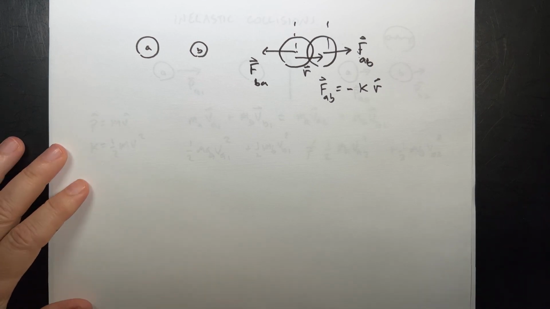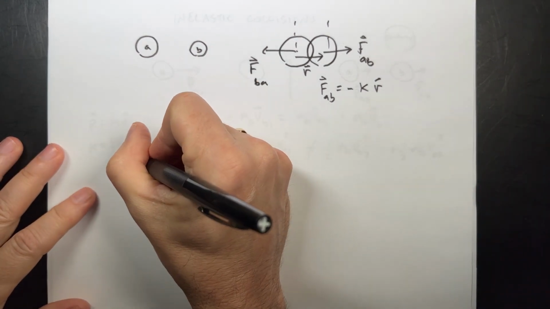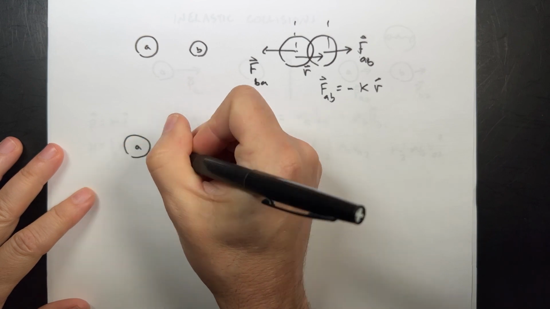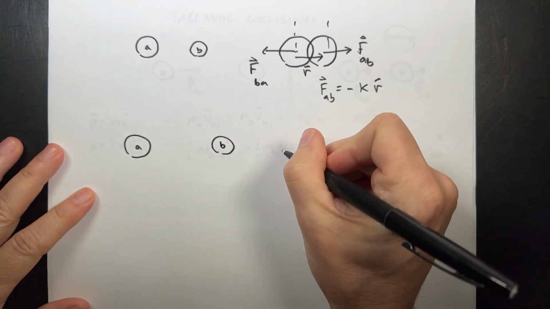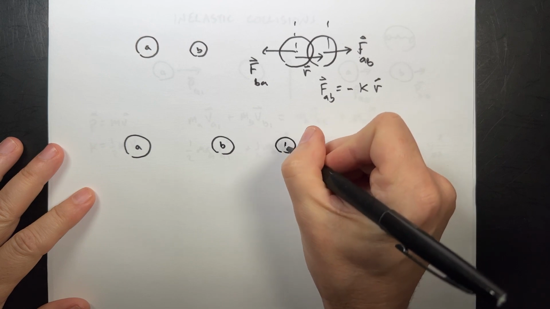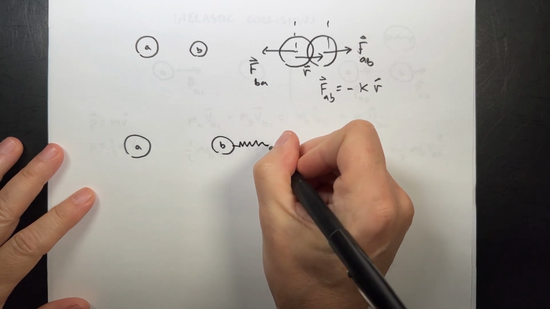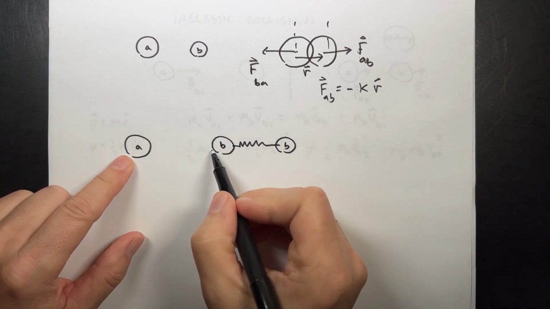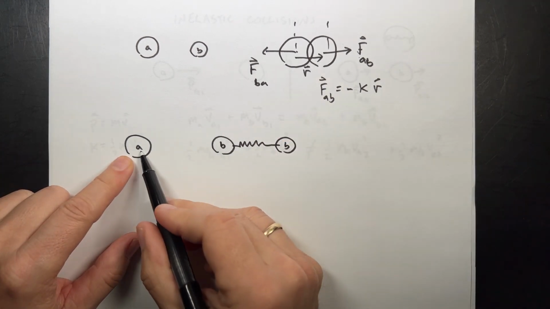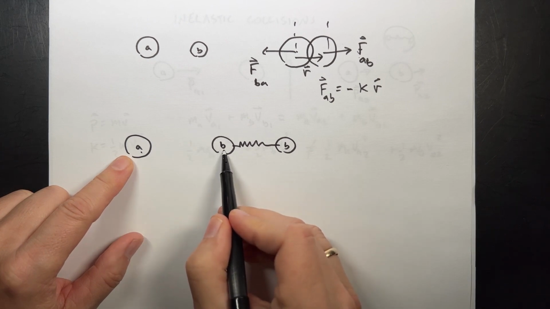Now, in this other model, what I have is object A, and then here I have object B, which is actually two masses. So I split it into two, and I connect it by a spring. Now, I can do a collision just like this for this mass and this mass.